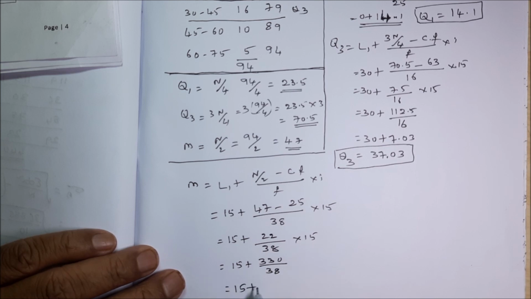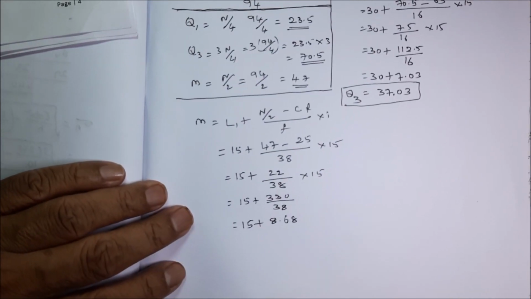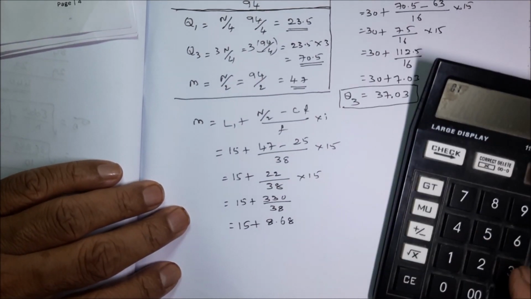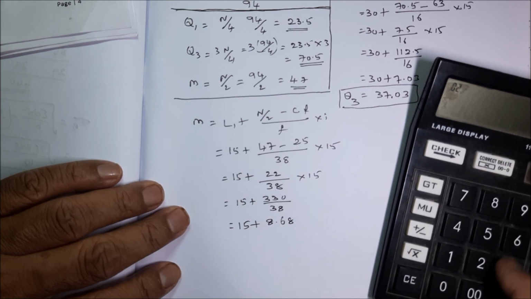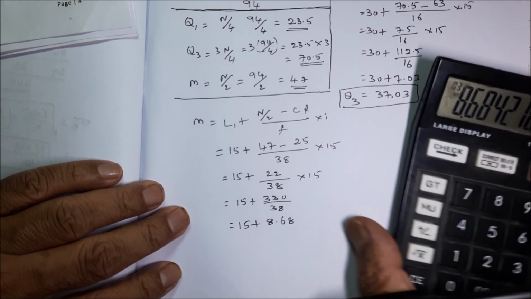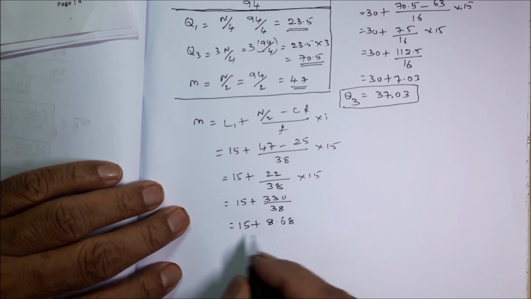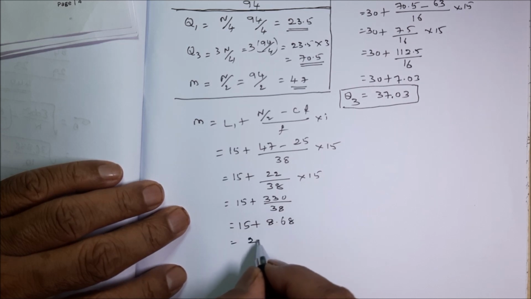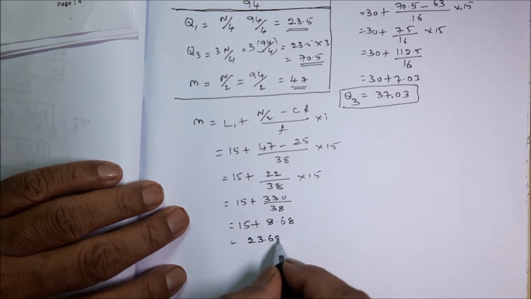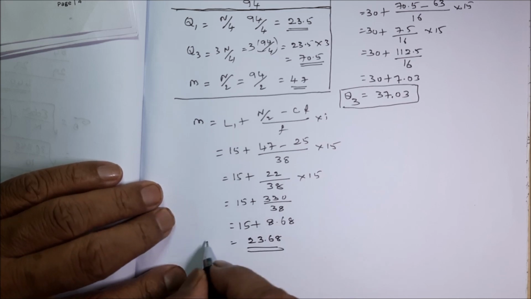So 15 plus 330 divided by 38, which is 8.68. Just check 330 divided by 38, 8.68. So 15 plus 8.68 is 23.68. It is the median.